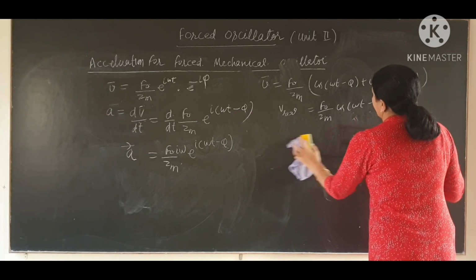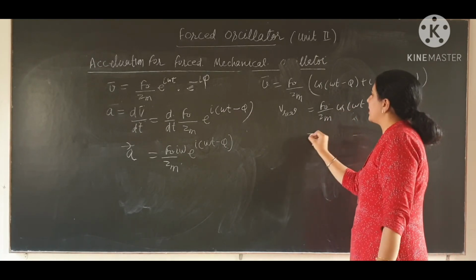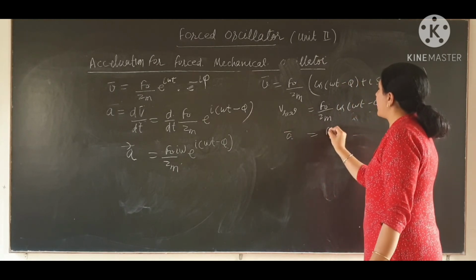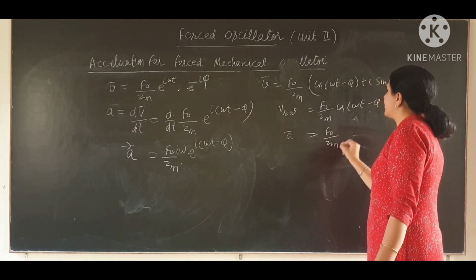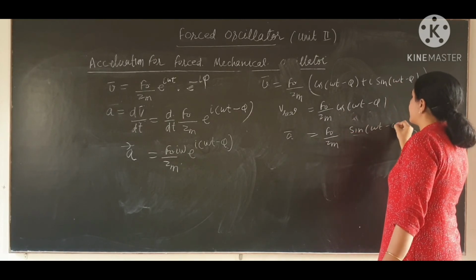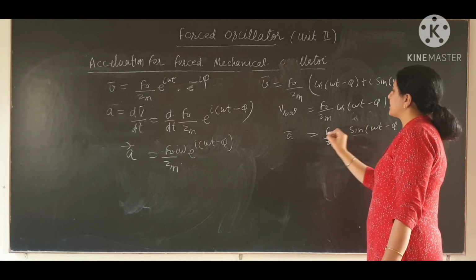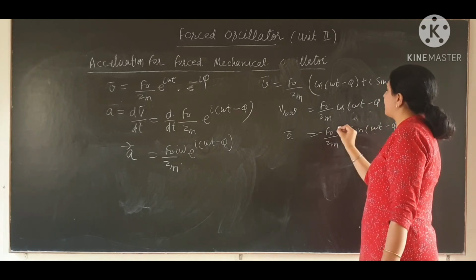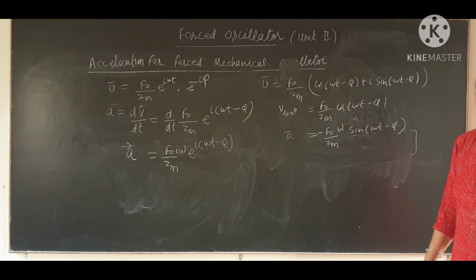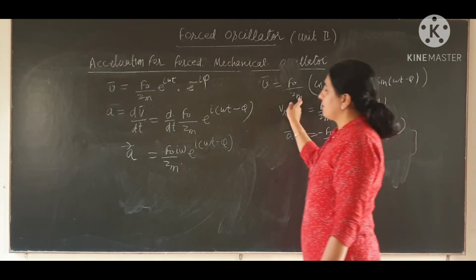When you differentiate it, you get acceleration: F naught over Zm, the cos becomes minus sine, multiplied by omega. So minus F naught over Zm omega sine of (omega t minus phi). This is in magnitude form.